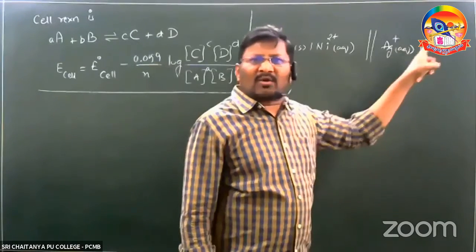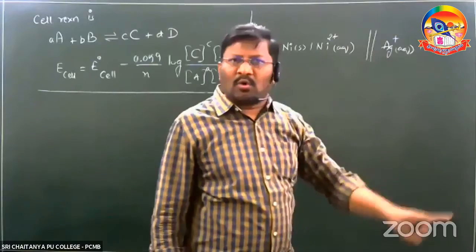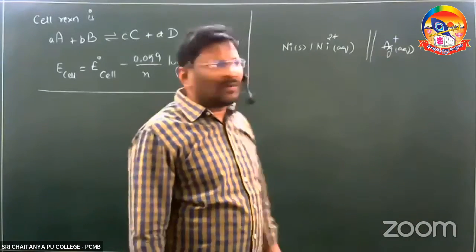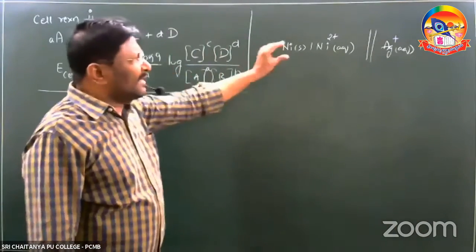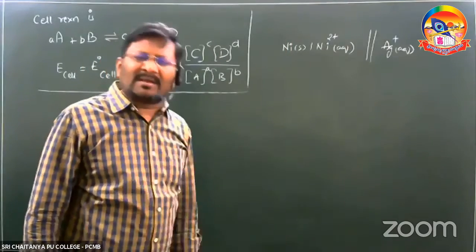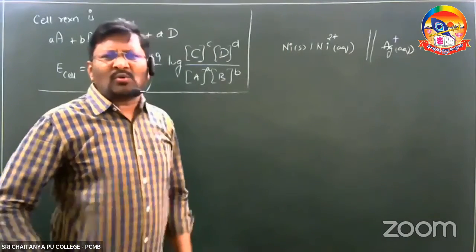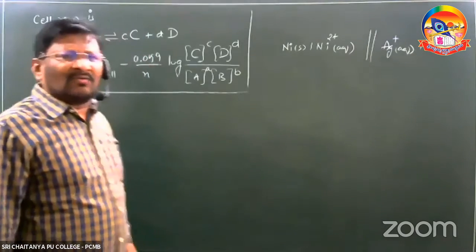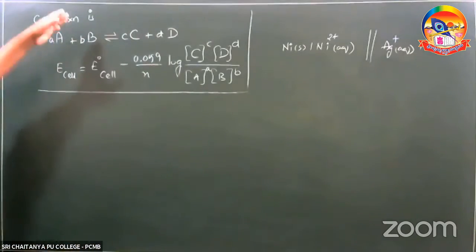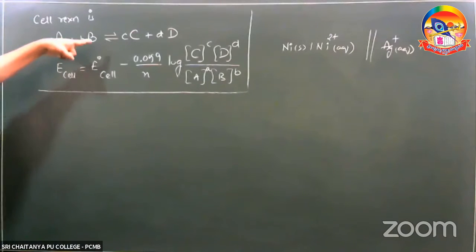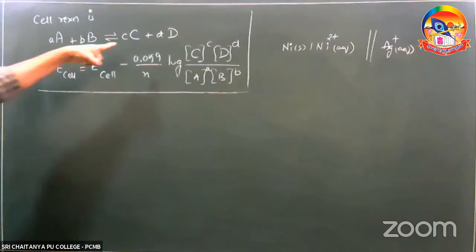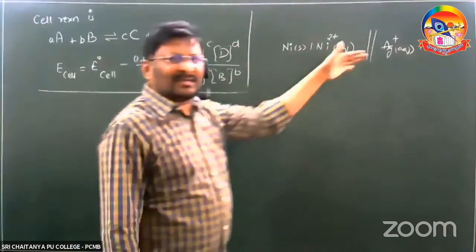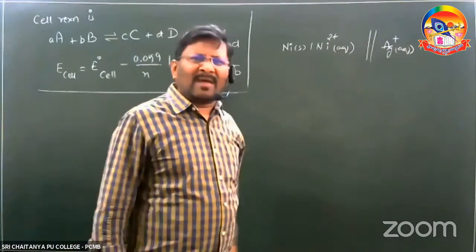Silver electrode acts as cathode, remember. For a given cell, how do you write the Nernst equation? We have to write down the cell reaction. After writing the cell reaction, we can directly write the Nernst equation.